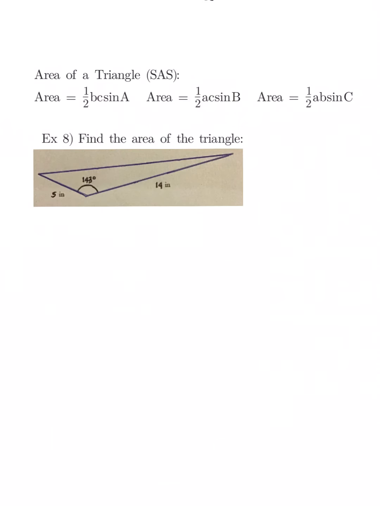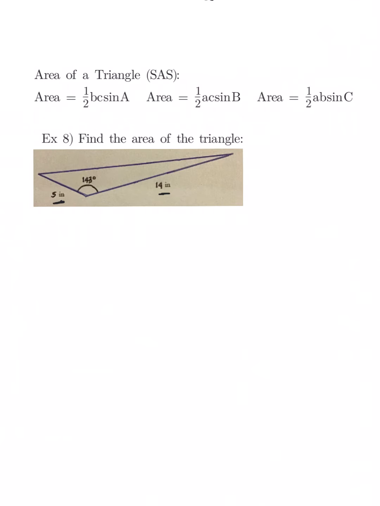On example 8, we are told to find the area of the triangle, and in this particular case, we have a picture. This is showing you an illustration of what side, angle, side looks like. You know the two sides, and then you know the angle that's in between them.